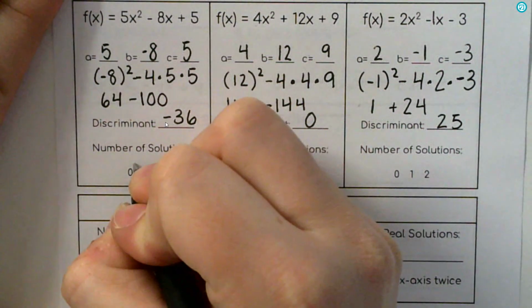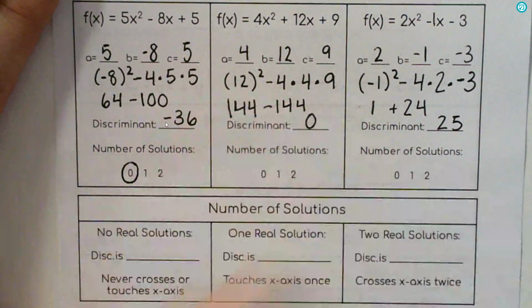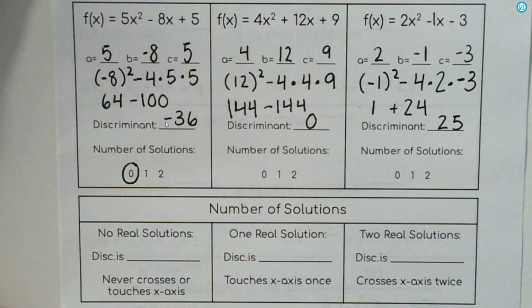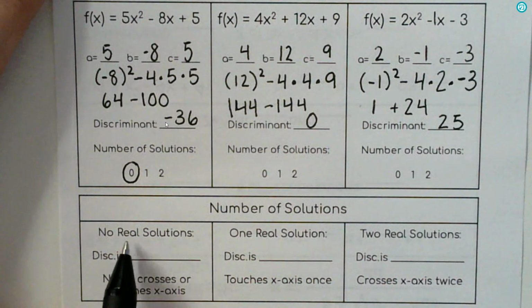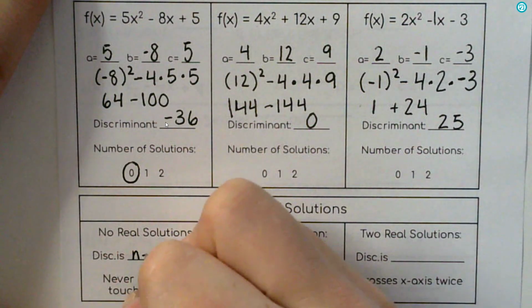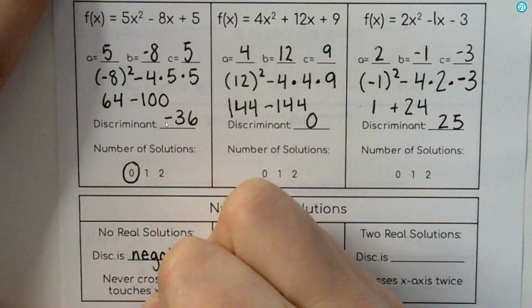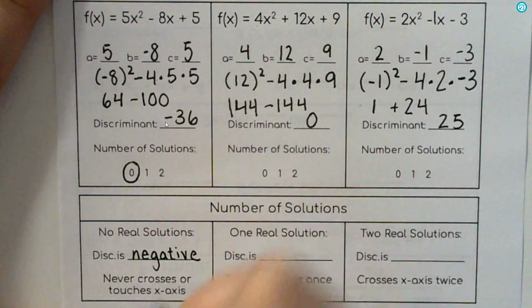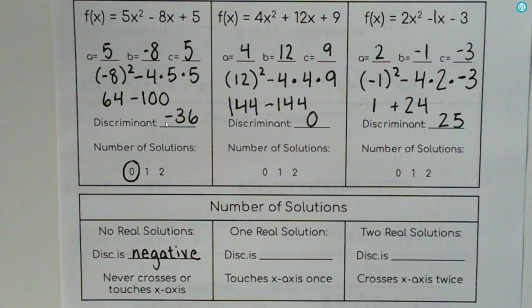If we have a negative discriminant, we have 0 solutions. So it matches up with this table down here. There are no real solutions if your discriminant is negative. That means when we're doing problems, if you get a negative answer for your discriminant, you just get to stop and not do the rest of the problem. So that actually ends up making it less work for you.